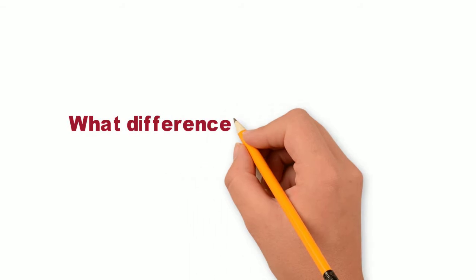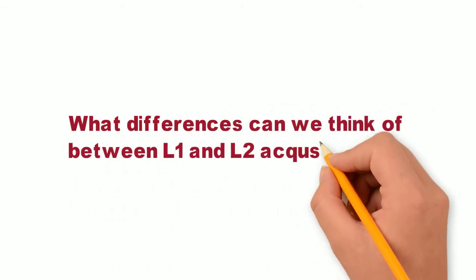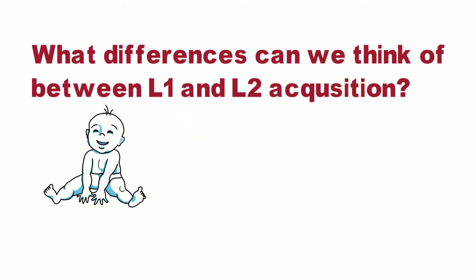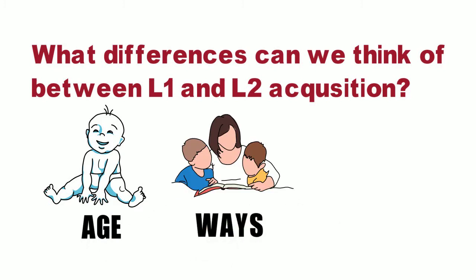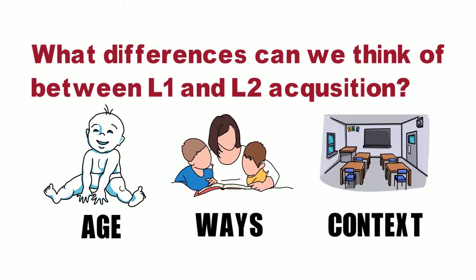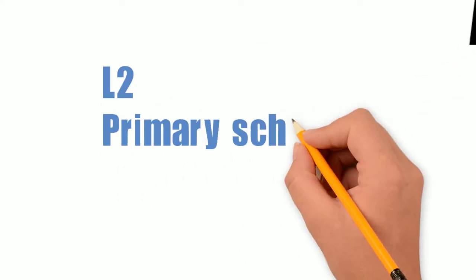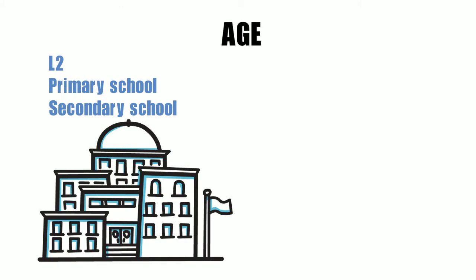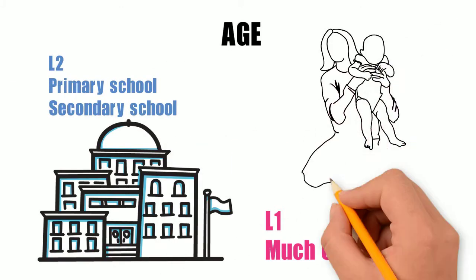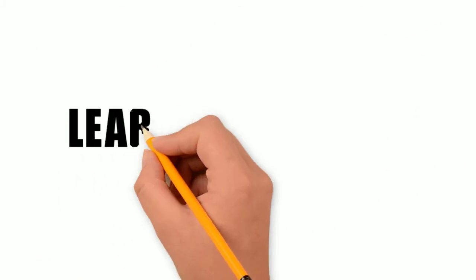What differences can we think of between L1 and L2 acquisition? Let's think about learners' age, ways of learning, and the context they are learning in. Age. L2 learning usually starts at primary or secondary school, while of course, L1 learning starts much earlier. Then, learning methods.